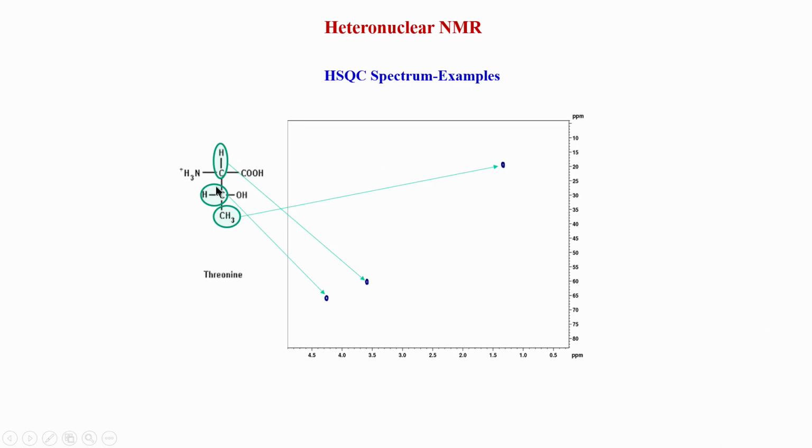Although this OH is not really close to it, even then there is a de-shielding effect happening for this more compared to other amino acids. So, threonine's alpha is also coming down compared to other amino acids. Other amino acids we saw come around 60, whereas this one comes a little bit down around 65.